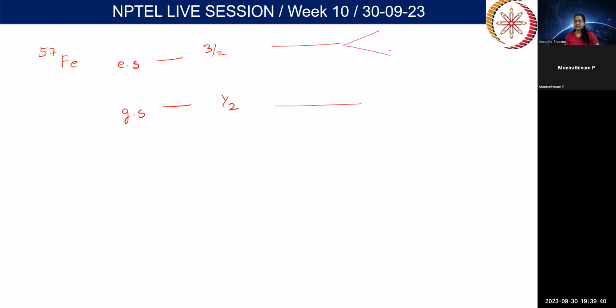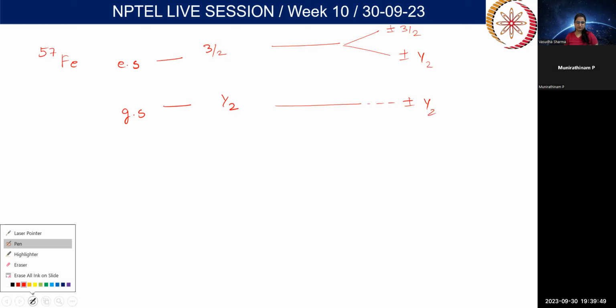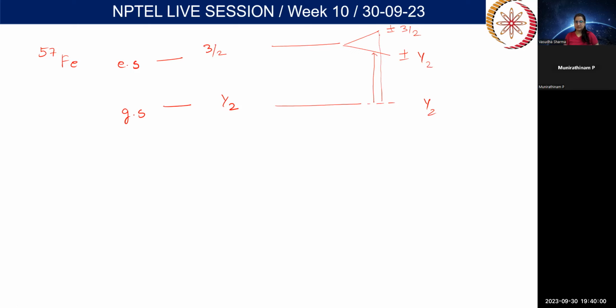So that excited state in the presence of the electric field splits, and the 1/2 state remains as plus 1/2. Now the transition is going to happen this way. Earlier the transition was only this way, one. Now it is split into two. That's why one peak splits into two peaks.